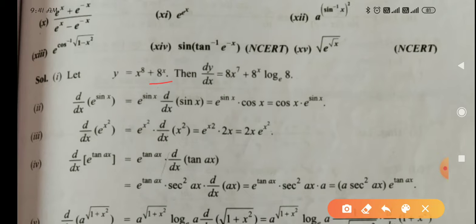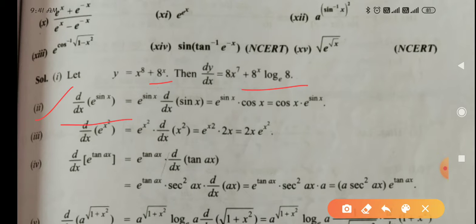So if 8 to the power x is given, 5 to the power x is given, 9 to the power x is given, so you have to apply the differentiation of a to the power x. So 8 to the power x means 8 to the power x log a to the base e. According to a to the power x, 8 to the power x differentiation is 8 to the power x log a to the base e. Next part.